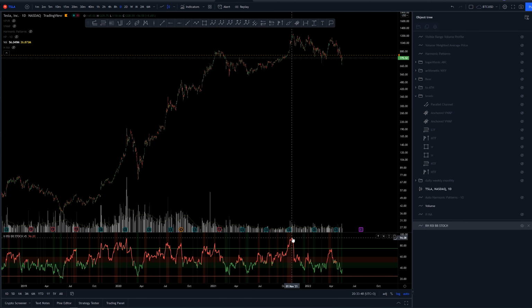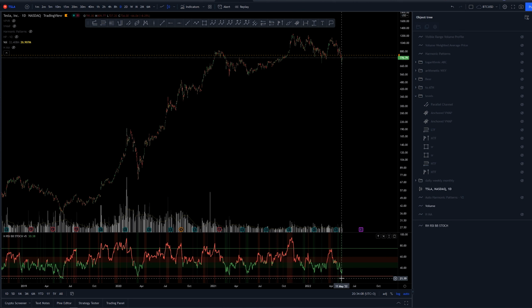On RSI, we can see the highest point of November 2021. We had a huge number on RSI at 94, and after that point we have just been correcting downwards. The current low that we put in is around 30, which is definitely the default area for oversold on these scales, or on RSI, I mean.